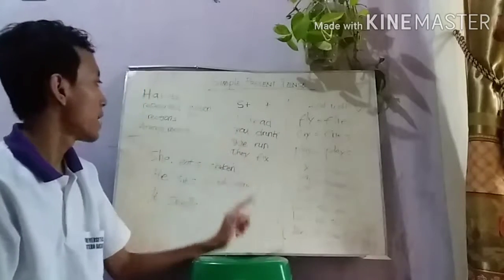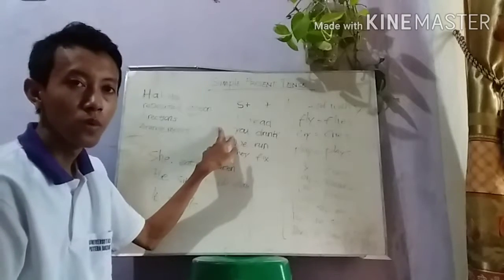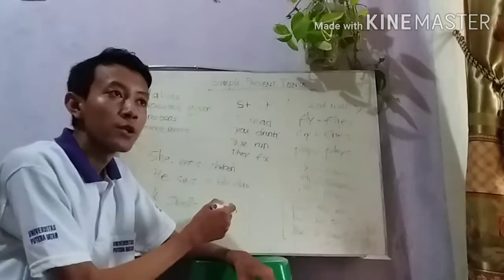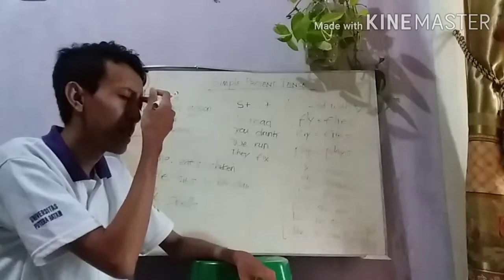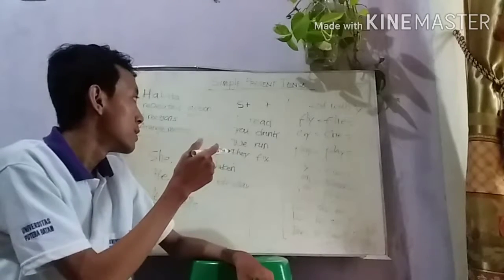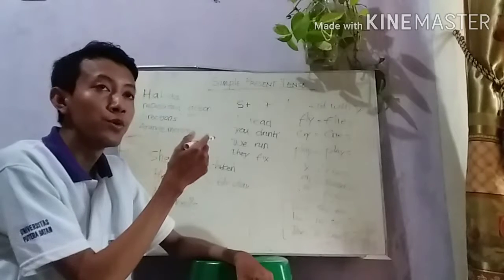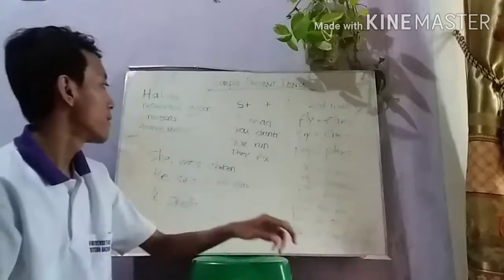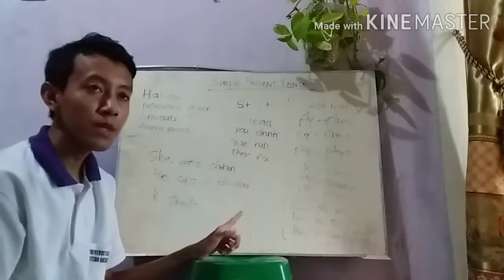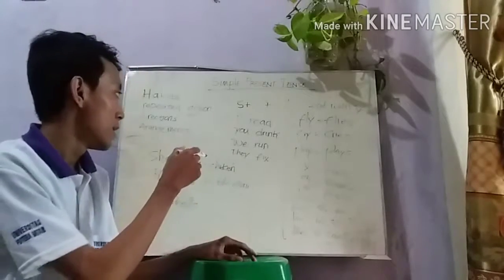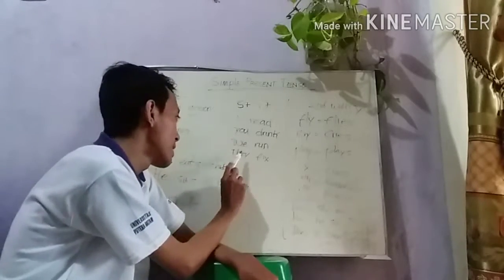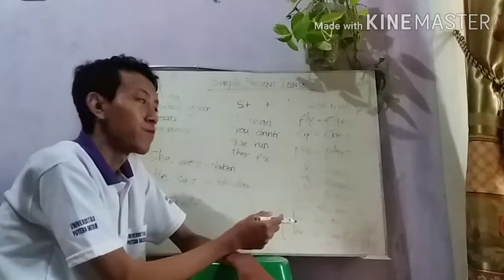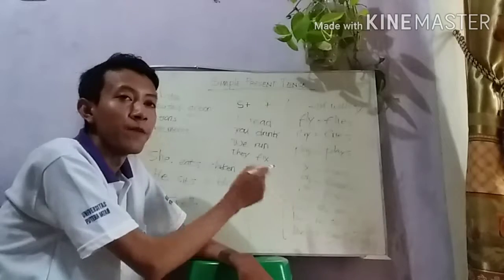And then if the subject is you, like here for the example, you drink, the question is, do you drink the tea? And if the subject is we, for the example, the sentence is we run, so the question is, do we run in the field?